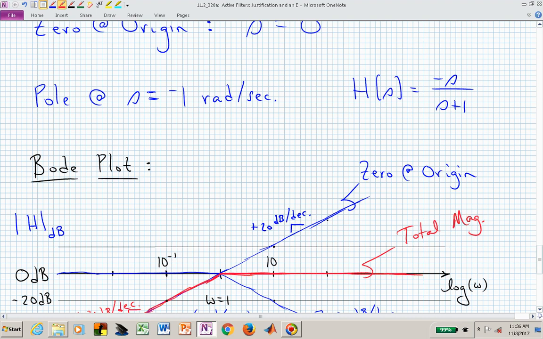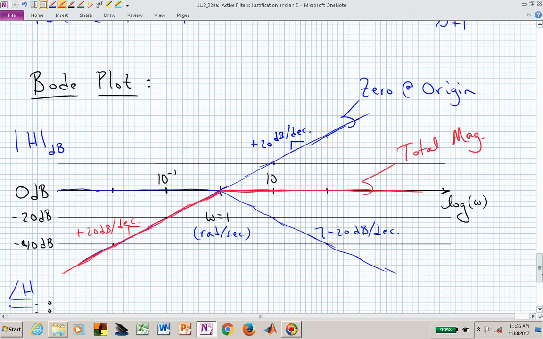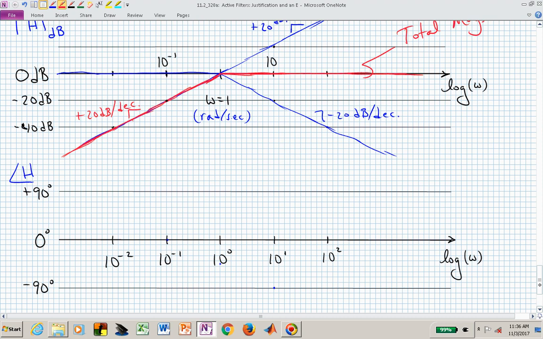Now we do need to address that negative sign. That negative sign now is something on the left-hand side of our S-plane. So if we looked at that in the S-plane, now we have, let's say, -1 over here. What's the phase of that?